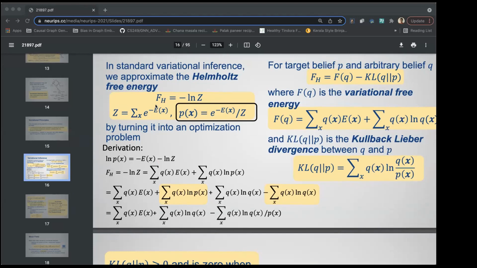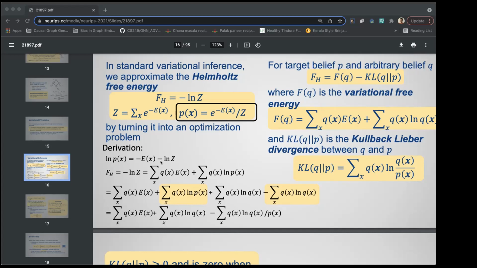So then we can just multiply that negative log z with this summation over x of q(x), because that equals 1. Oh, I see. And then we expand that negative log z as the summation of the two items.